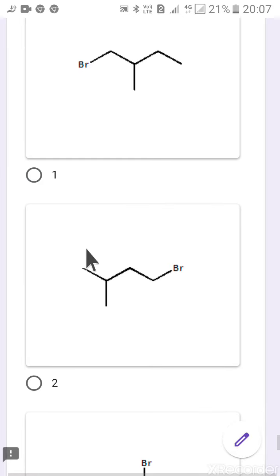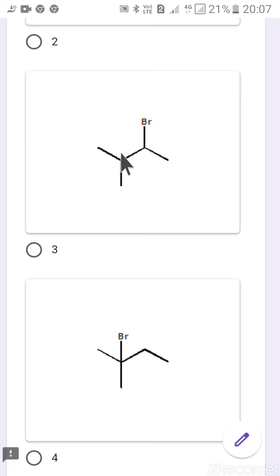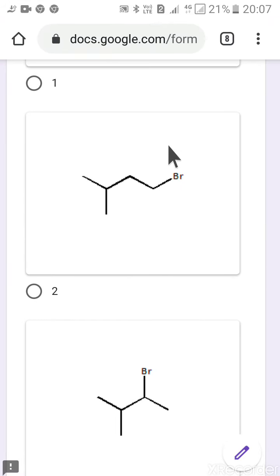So this molecule is fulfilling all the conditions. This CH2 is showing a triplet at 3.4 because of this Br. Let's also analyze the other options. 6H doublet but no CH2 signals, so this is ruled out. Here we have a 6H singlet, not a doublet, so this is also ruled out. So the correct option for this problem is option number 2.